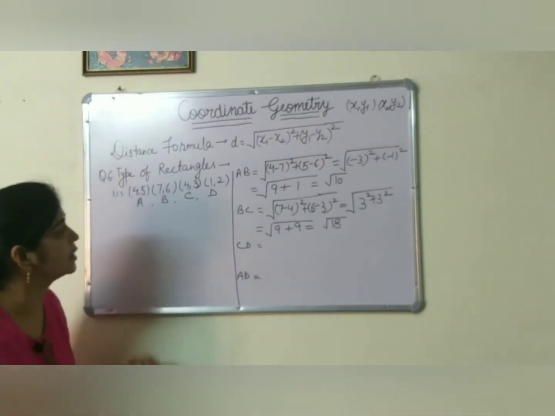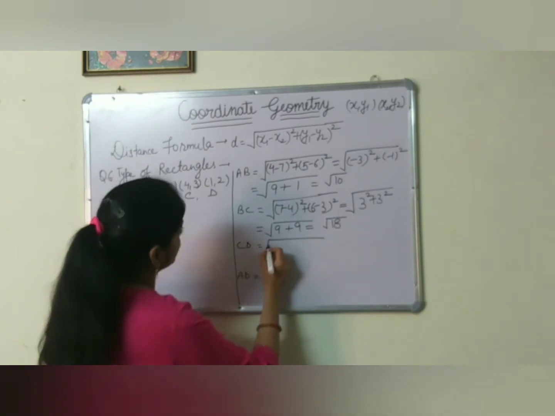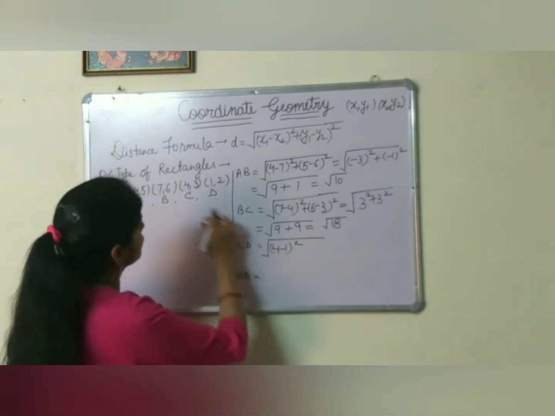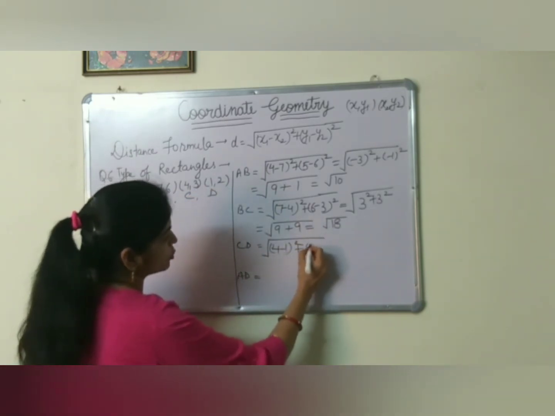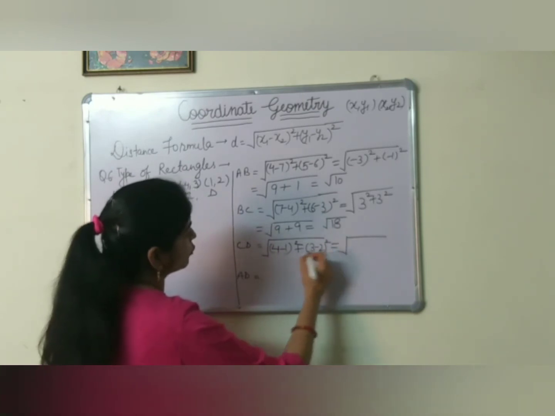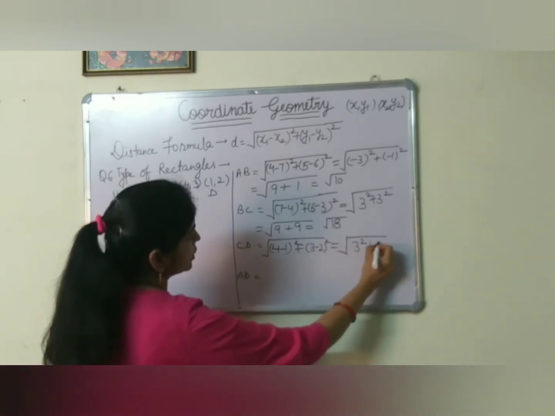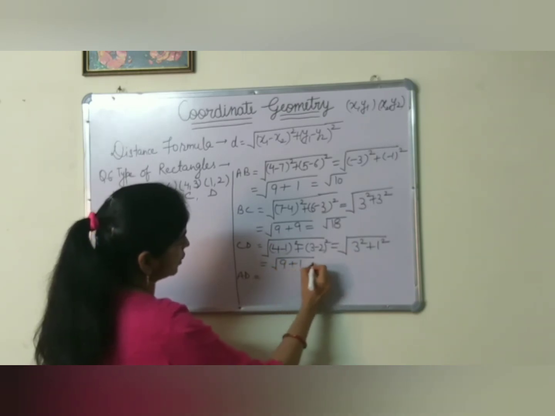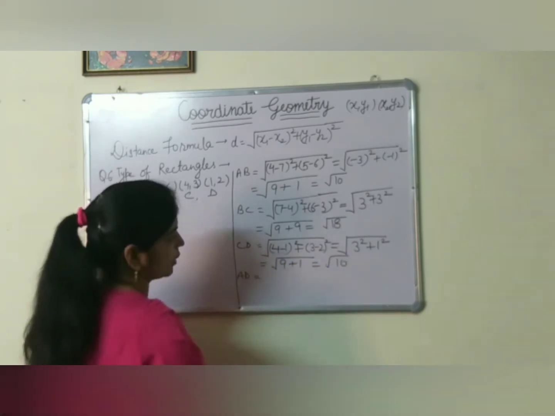Now the third side CD is equal to under root of 4 minus 1 whole square and 3 minus 2 whole square. It is equal to under root of 3 square plus 1 square. It will be 9 plus 1, that is under root 10.